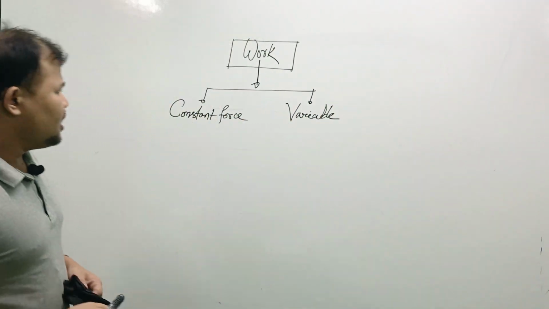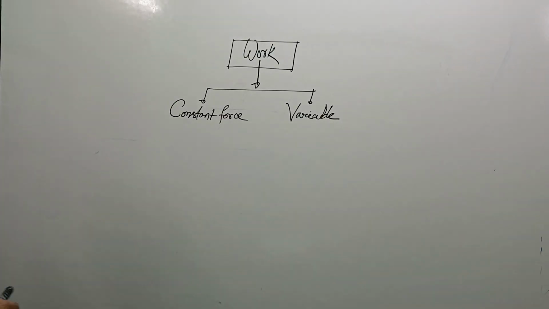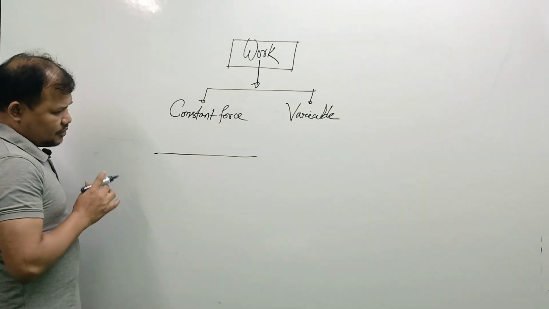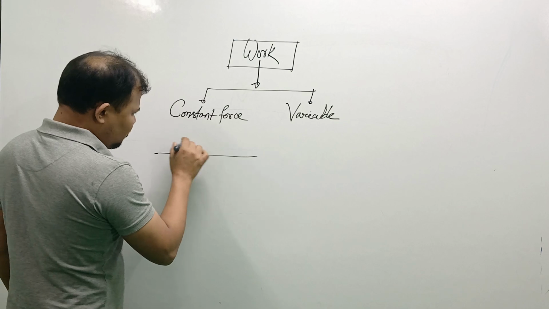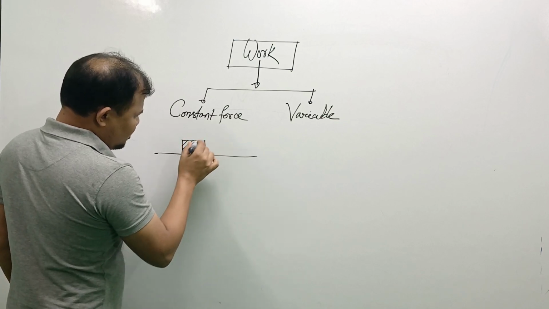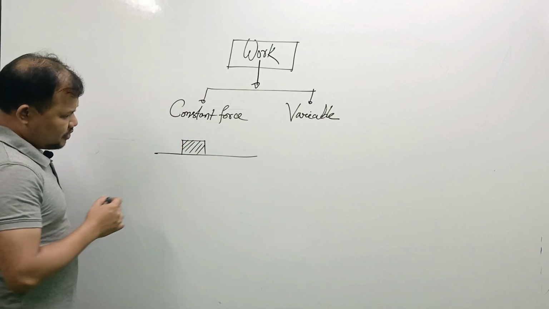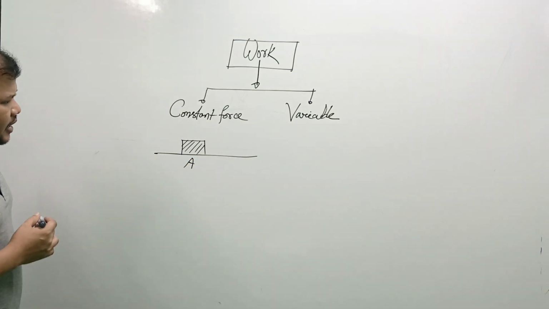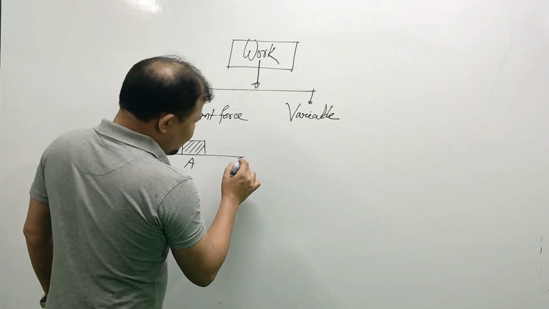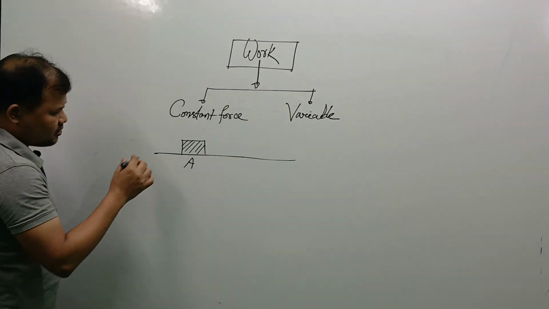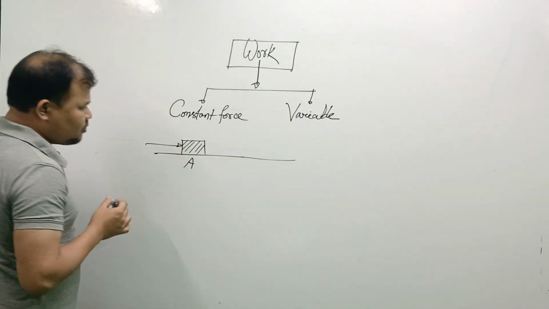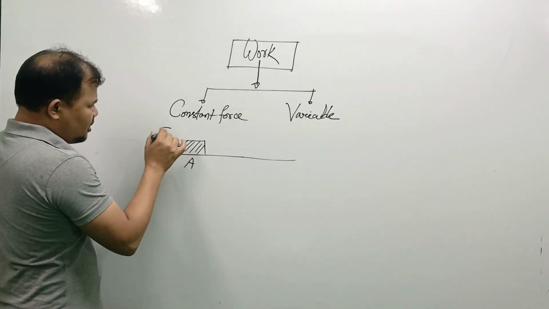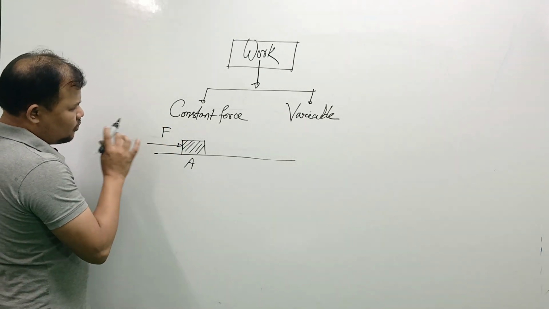My dear students, in case of constant force, suppose this is the reference line and here is an object. Suppose this is the position of the object. The position is right now A, and if we apply a force on this object in this direction, as we know force is a vector, we can write this is the force.